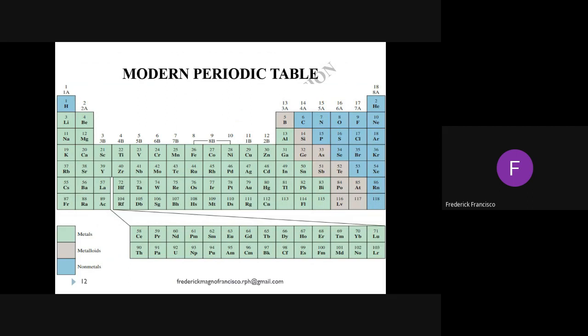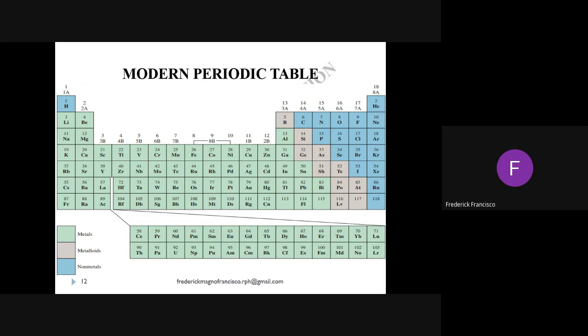Recognition of periodic regularities in physical and chemical behavior and the need to organize the large volume of available information about the structure and properties of elemental substances led to the development of the periodic table, a chart in which elements having similar chemical and physical properties are grouped together.